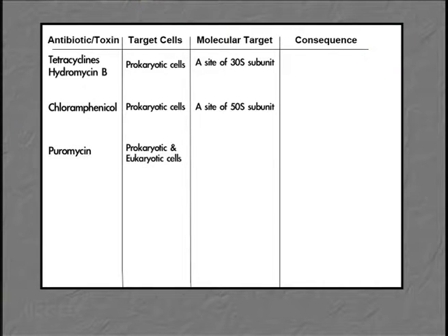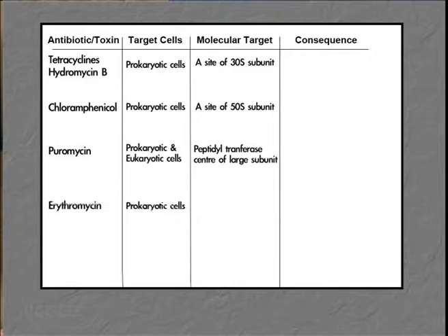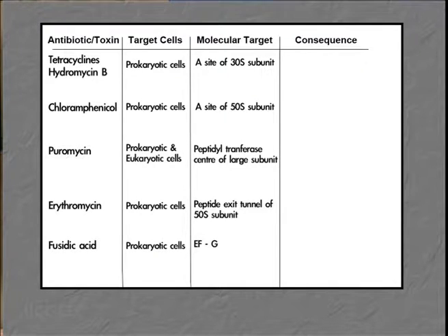Puromycin also inhibits the peptidyl transferase center of the large ribosomal subunit. Erythromycin is another component which blocks the peptide exit tunnel present in the 50S subunit. Fusidic acid restricts the elongation factor G.